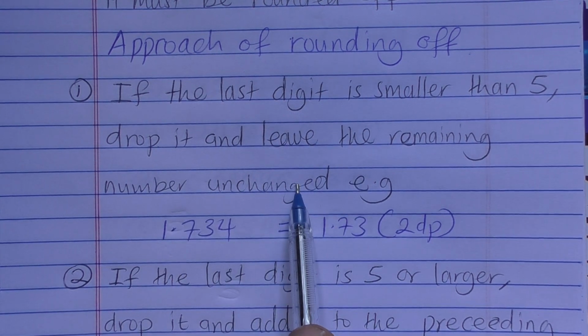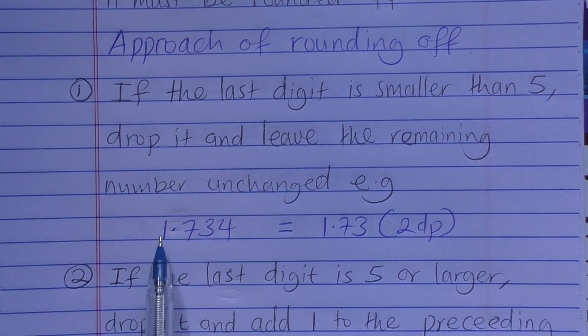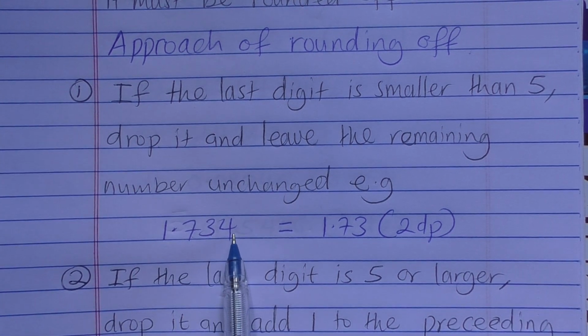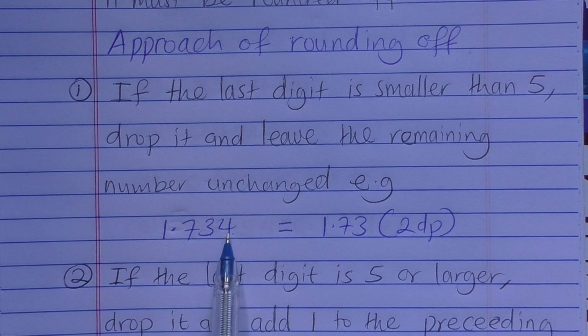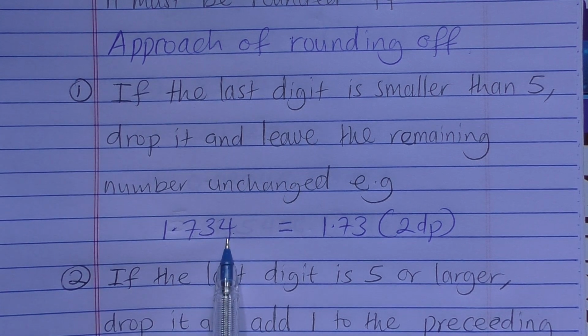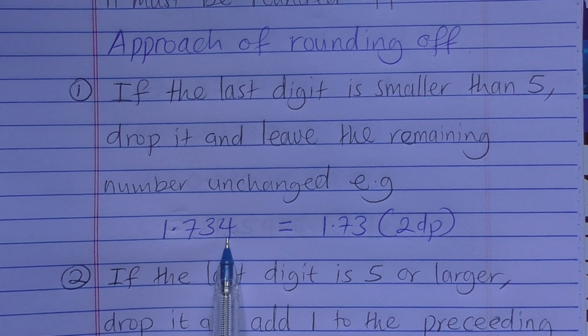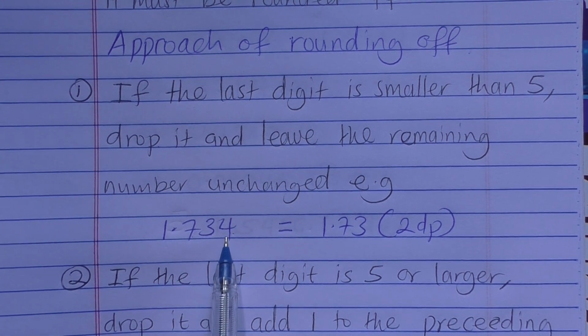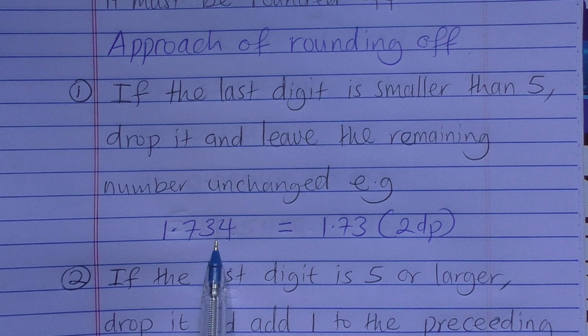For instance, we have 1.734. These are 3 decimal places, and our interest is to round off to 2 decimal places, meaning we should stop here.